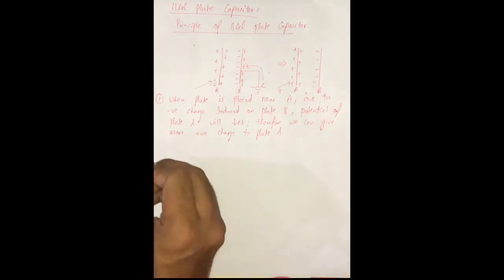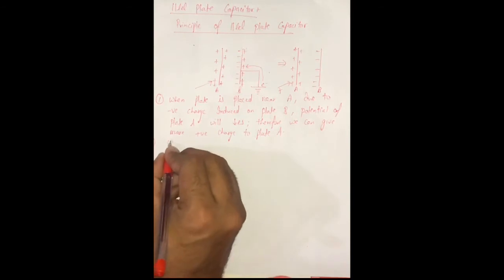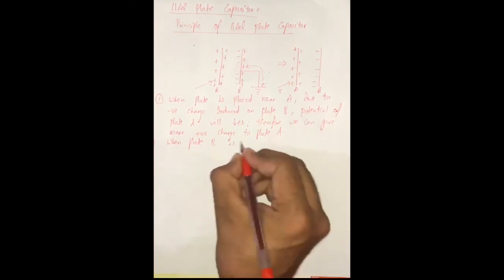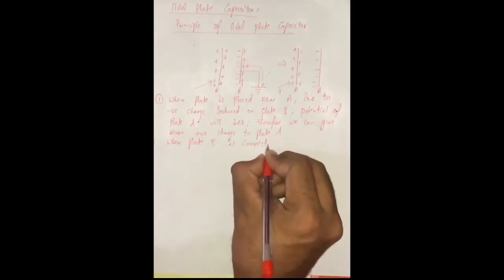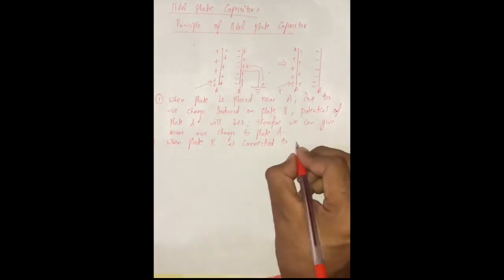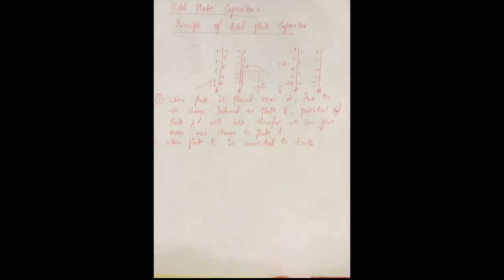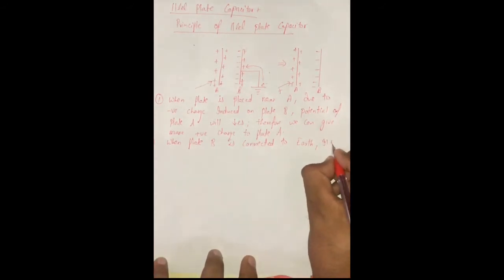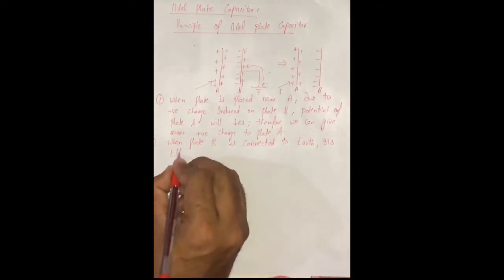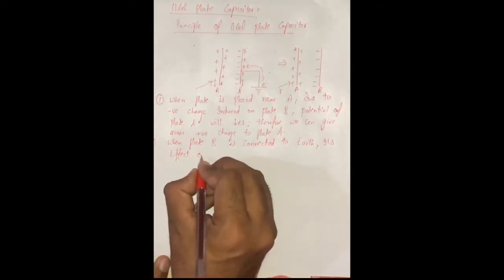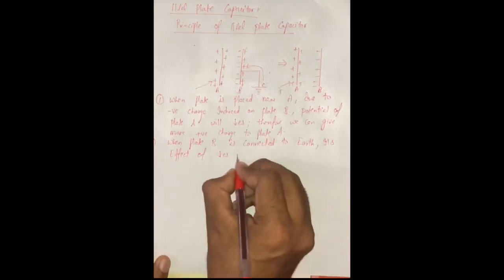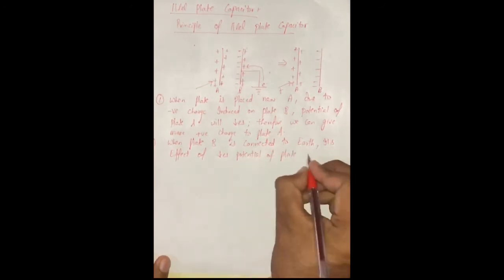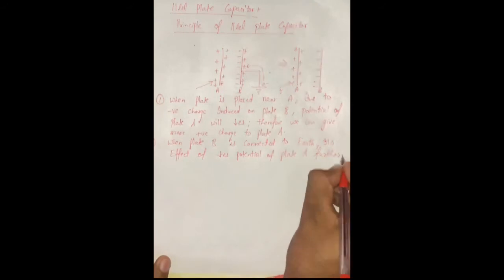So we can write it like this: when plate B is connected to earth, its effect of decreasing potential of plate A further increases.